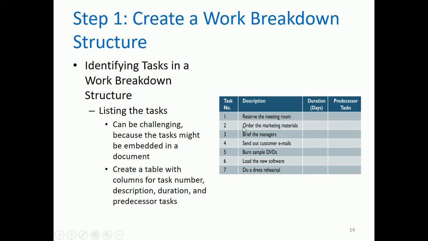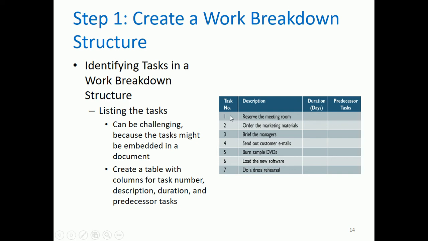And then task 2, order the marketing materials. Task number 3, brief the managers. Task number 4, send out customer emails. Task number 5, burn sample DVDs. Task number 6, load the new software. And then task number 7, do a dress rehearsal.